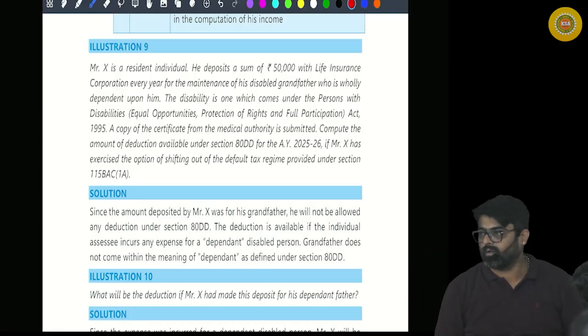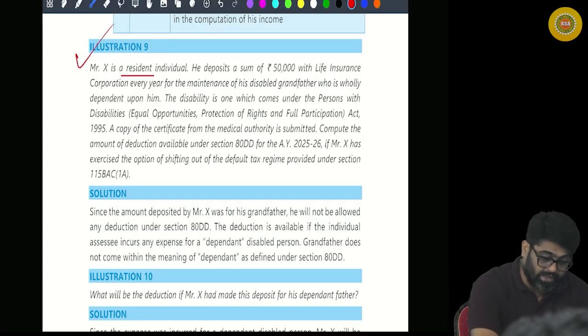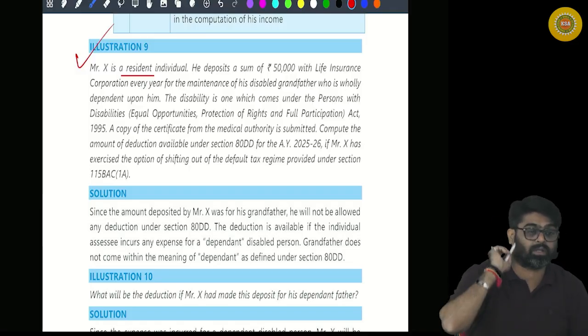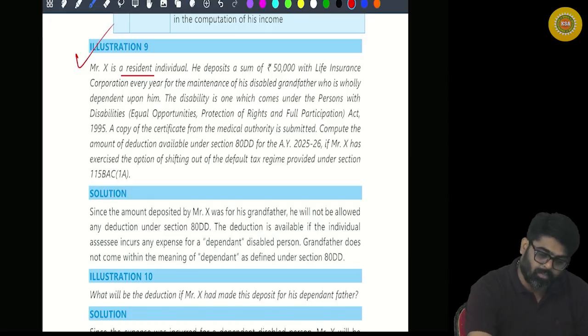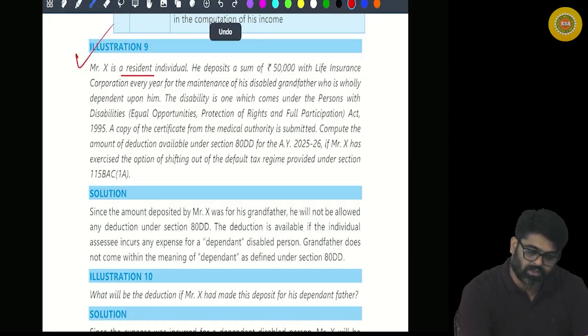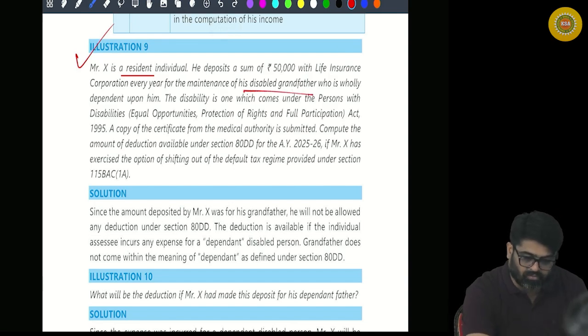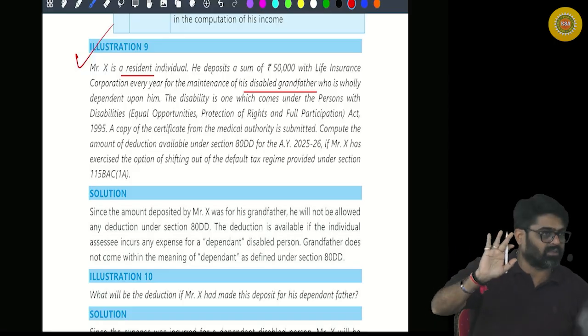Will you remember? So now Mr. X is a, so assessee is a resident? Yes. 80DD will not be allowed if the assessee is not a resident. Are you a resident? Yes. Now assessee deposits a sum of 50,000 with Life Insurance Corporation every year for the maintenance of his disabled grandfather. See, he is depositing in special schemes.